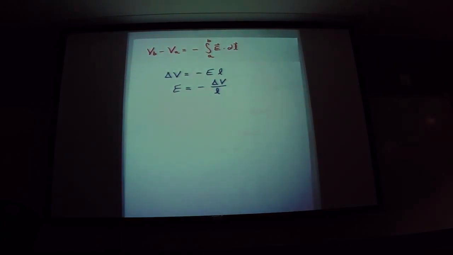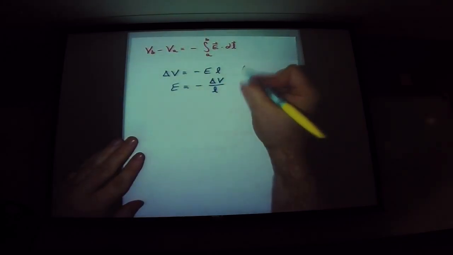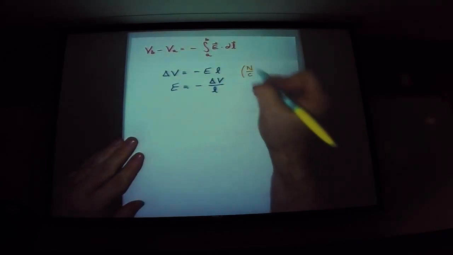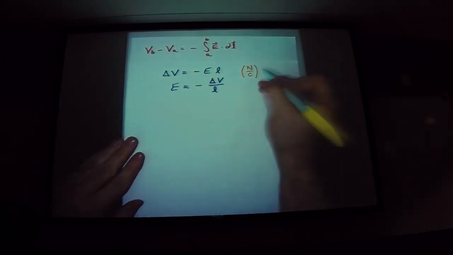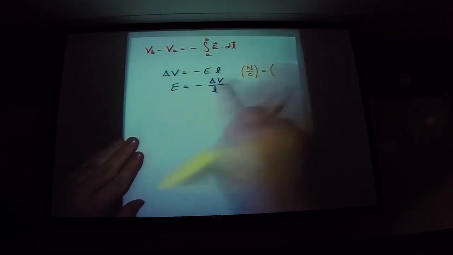This actually gives us an equivalent unit for electric field. That's the same as the newton per coulomb we had before. So when we talk about the electric field, we can express it in two terms. We can express it as so many newtons per coulomb, or we can express it in terms of the voltage.